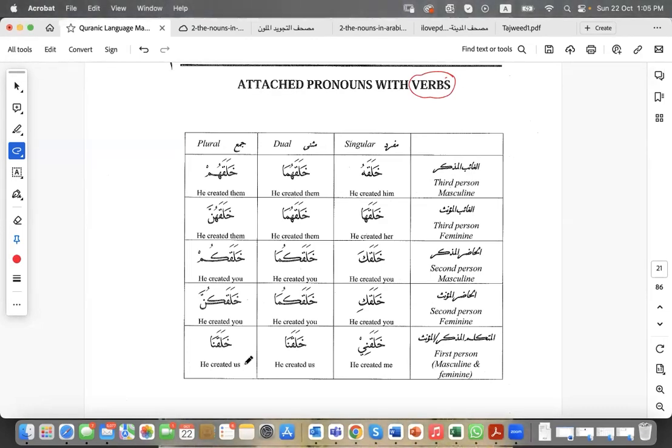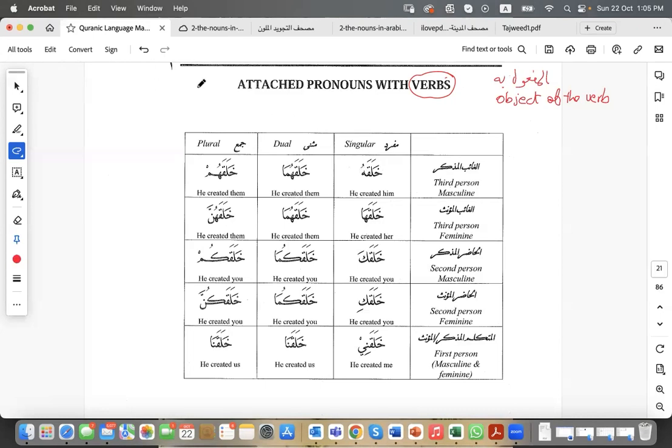What remains here is the one who received the action of the verb, يعني simply the object of the verb, which we call in Arabic المفعول به, or the object of the verb. And this is what the attached pronoun at the end of the verb refers to.